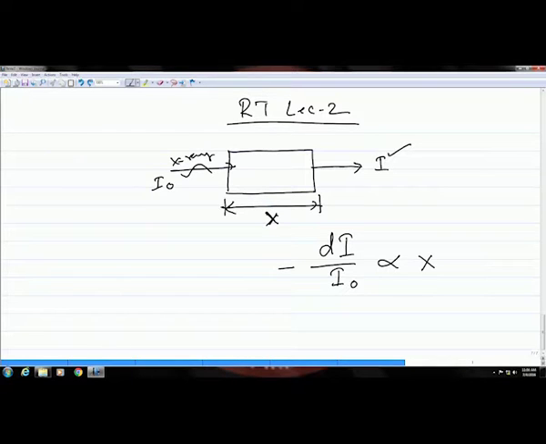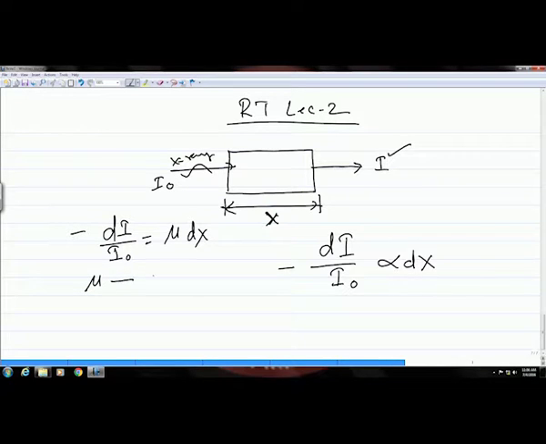Now, if you introduce the proportionality constant here, which we will call mu, and let us say the X-rays travel through a distance dx, the fractional decrease will be proportional to dx, with proportionality constant mu.